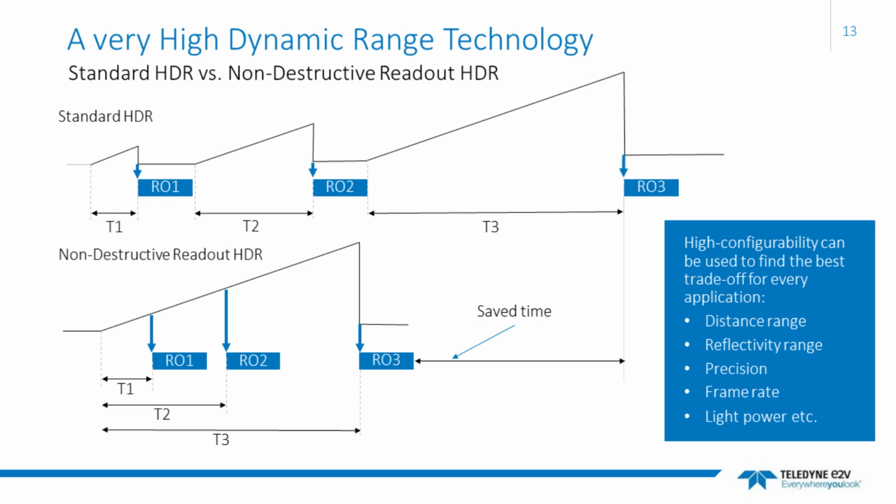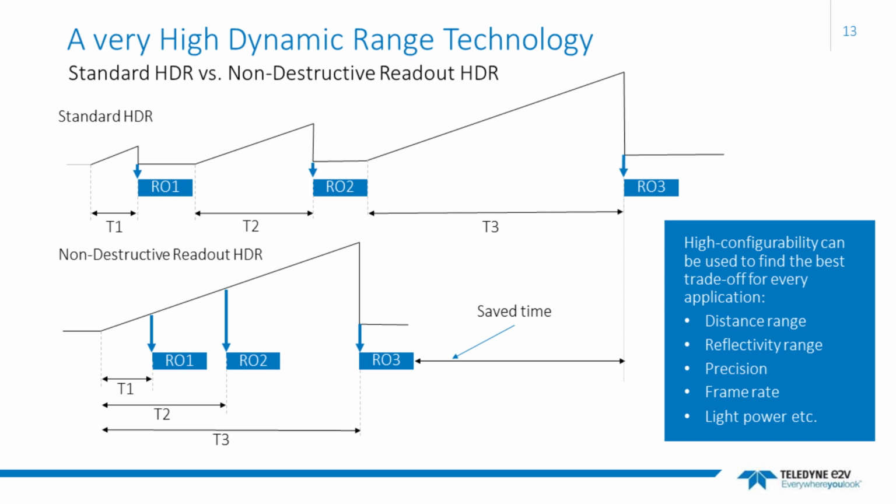With non-destructive readout, the content of the photodiode is sampled after the appropriate time, but exposure continues after that, without resetting the pixel. Therefore, total exposure time is not the addition of the 3 exposure times, but the longest one, as shown in the picture, saving a significant amount of time.